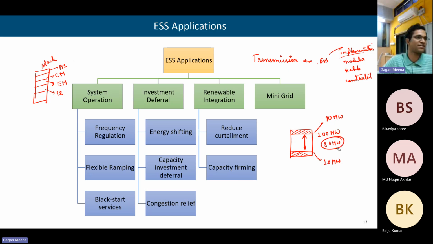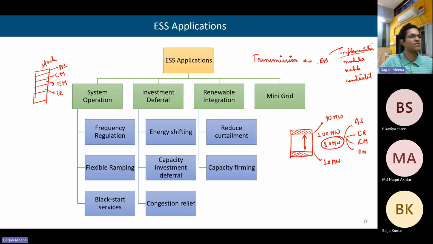Now the operator has to divide between these four different types of services: ancillary services, congestion relief, capacity market, and energy market. Now, how to divide? How much to keep for which service? It's a very difficult question to answer.